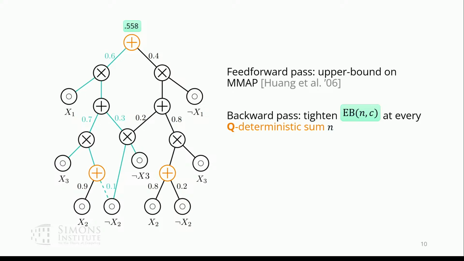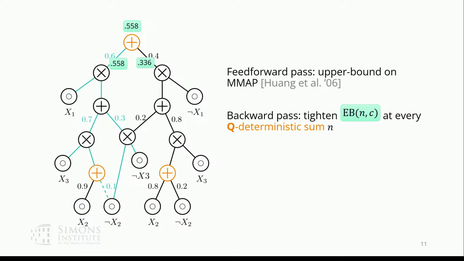And the intuition of what the bound is trying to do is, for example, if you are trying to get the edge bound on this edge right here, what this value will give you is essentially, imagine this sum node only had that edge as an input. So imagine this edge didn't exist, and then say you run the same feed forward algorithm to get the upper bound.